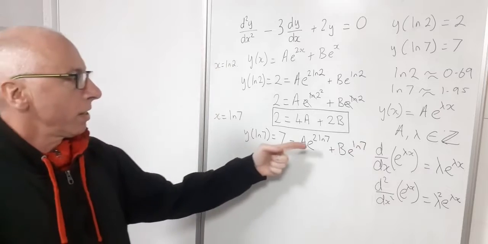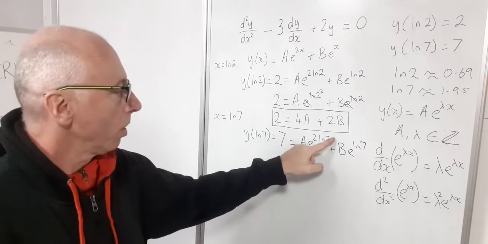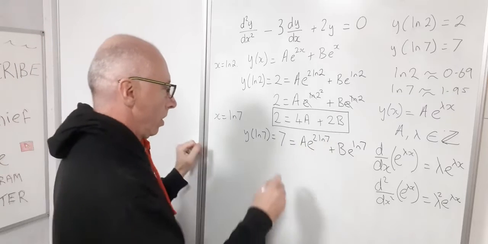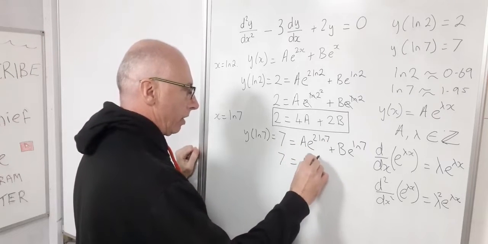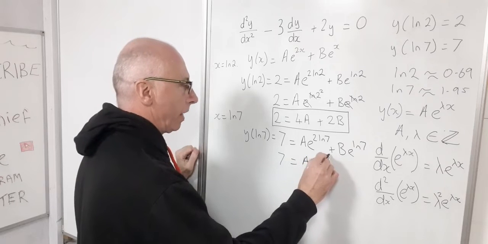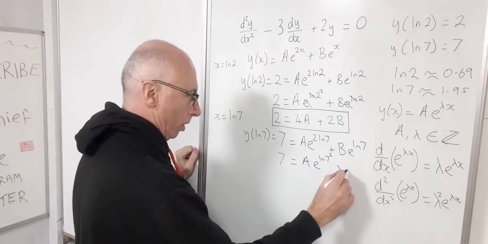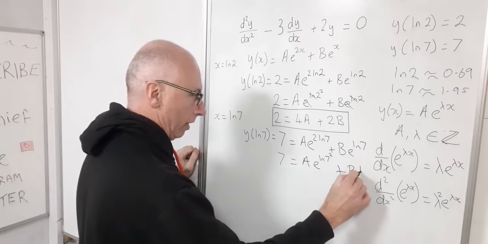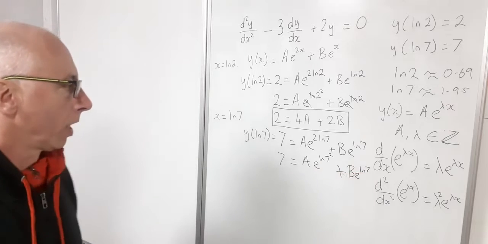Okay, so using that same law here with the multiple of logarithms, we just need to square this 7. So let's put that in. So now I've got a e to the ln of 7 squared plus b e to the ln 7. So nothing's going to change with that one.